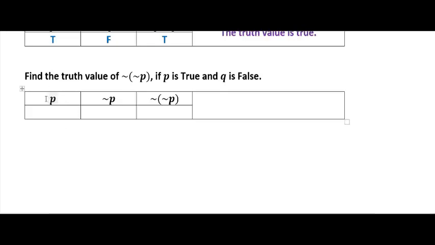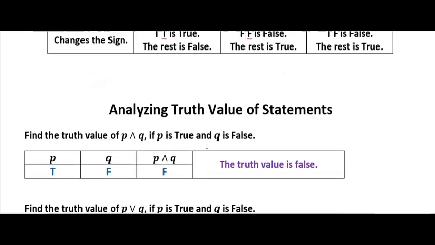So let's see. P is true, right? That's what the exercise says from the beginning. Okay, so P is true. Now, after that, we're going to see the first part of the problem here, negation of P. There's nothing in here that explains negation of P. But if you remember, negation is an operation in logic, so let's check if we have a rule for negation.